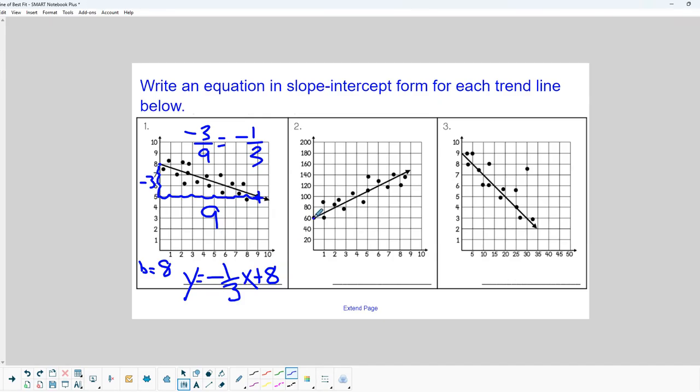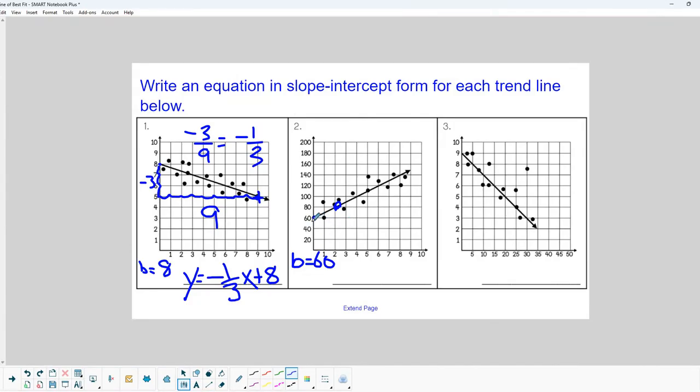Okay, on our next one, we have a y-intercept or a b value of 60. And let's look up through here. We're going to use this as one of our points to help us find the slope. As we come up along this line of best fit, I notice that the line crosses a crosshair right there at 2, 80.